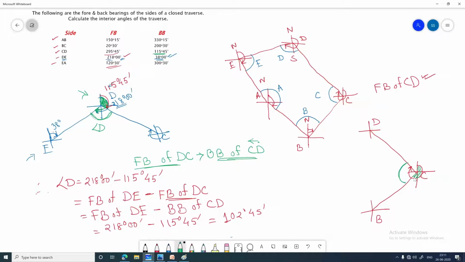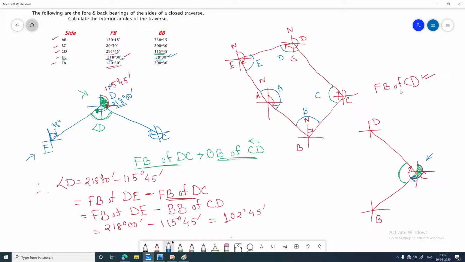So which bearing has the same value as this particular angle? This is nothing but the forward bearing of CB. The forward bearing of CB is, I am seeing from this side to this side, so this is the angle. So the forward bearing of CB is the angle that we need to deduct from the forward bearing of CD.